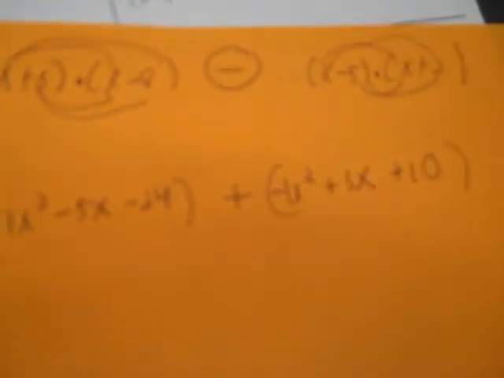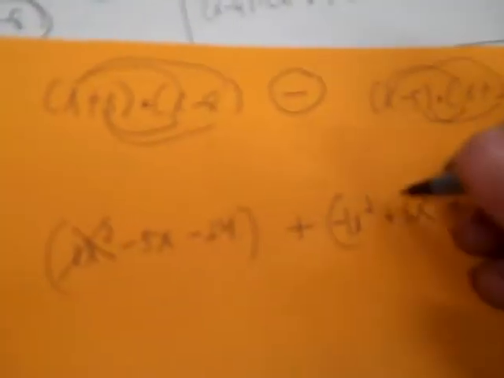Now that minus, you want to make plus and switch all these to negative, plus, plus. So 1 and negative 1 again will just cancel out. Negative 5 plus 3 is negative 2x, and negative 24 and positive 10 make negative 14. So there's my simplified top, negative 2x minus 14.